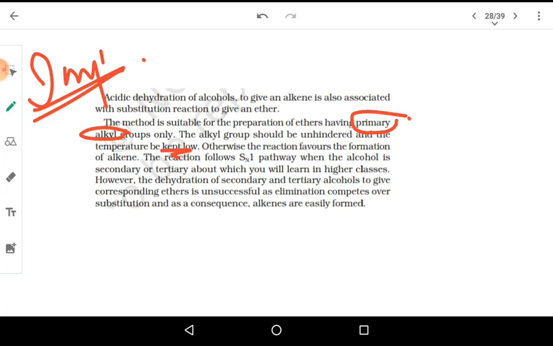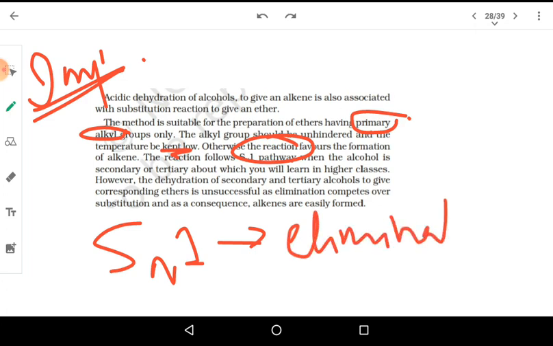Now, the reaction follows the SN1 pathway. This is important. When the alcohol is secondary or tertiary, SN1 is going to result in elimination, and that is why we are not carrying out this process there. SN1 will happen if there is a secondary alcohol. So we are restricting this to primary alcohols, because primary alkyl groups favor the SN2 mechanism, as we have studied.